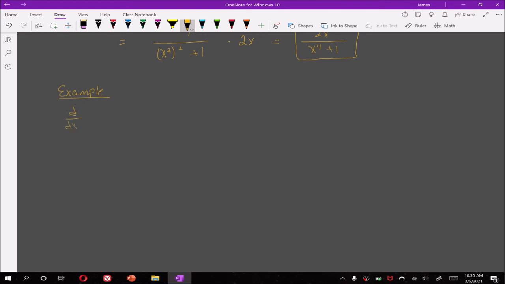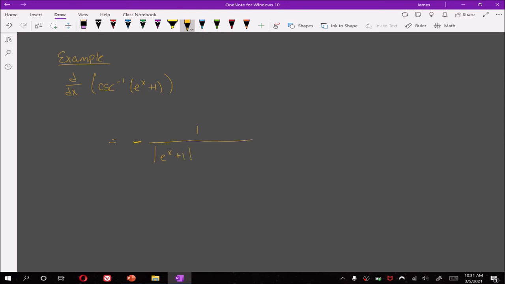Now let's find the derivative of the inverse cosecant of e to the x plus 1. This will be negative 1 over the absolute value of what we're taking the inverse cosecant of times the square root of that squared minus 1.